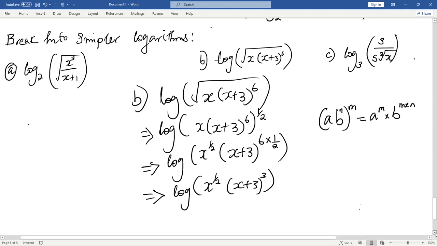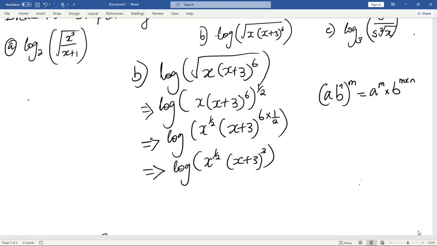Now the next step is we just need to apply the properties of logs. If two functions are being multiplied inside the log function, then it's log of the first function plus log of the second function. So here we're going to have log of x to the power half plus log of x plus 3 to the power 3.